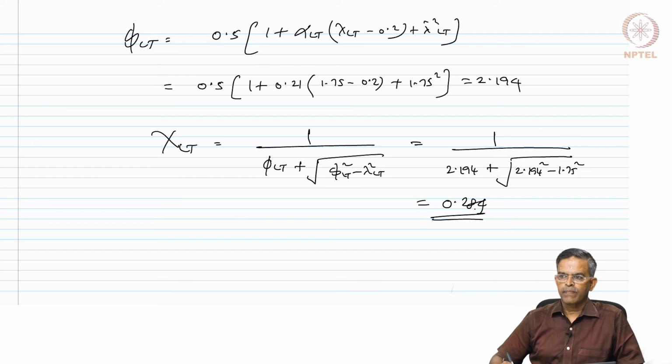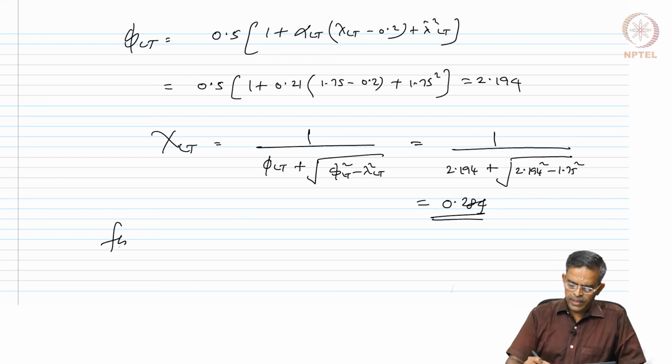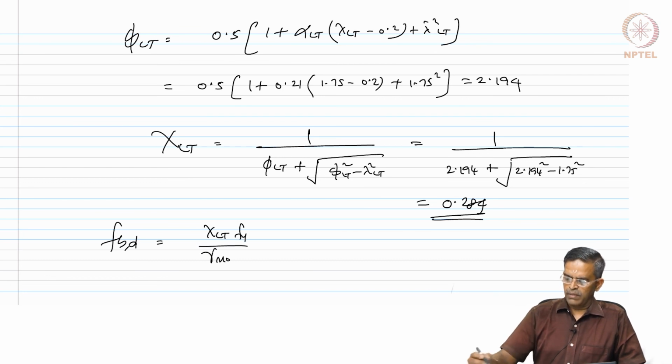Now, fbd, bending stress in compression, is chi LT fy by gamma m0.